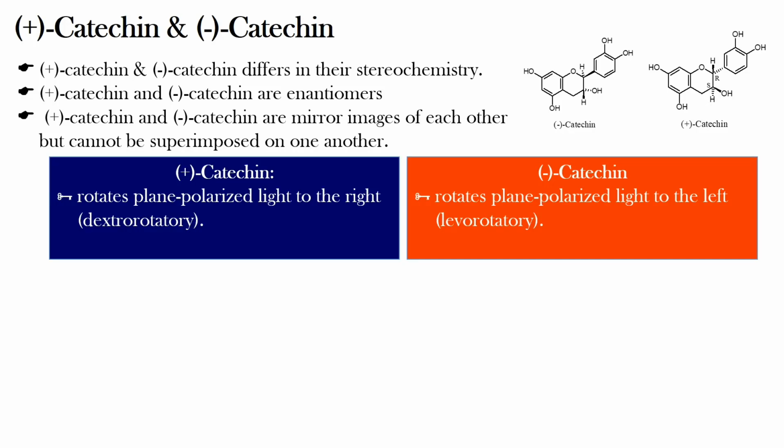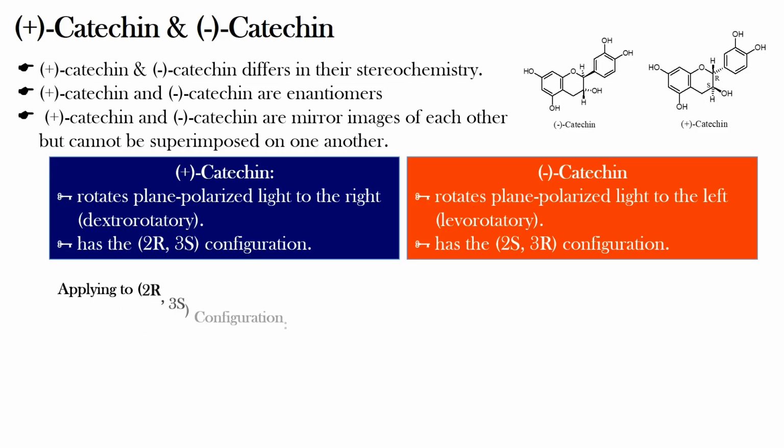In terms of stereochemistry, the dextrocatechins have 2R 3S configuration, whereas the levocatechin has 2S 3R configuration. Now the point is to know what is 2R or 3S configuration.